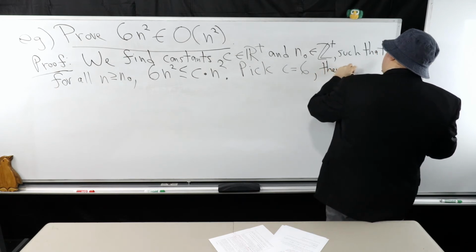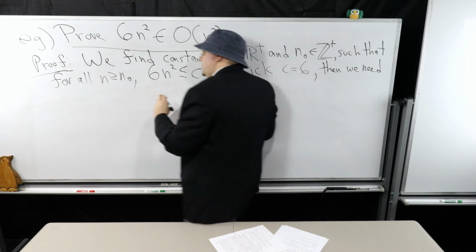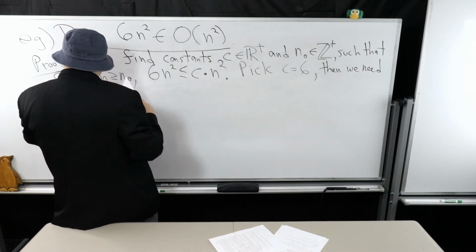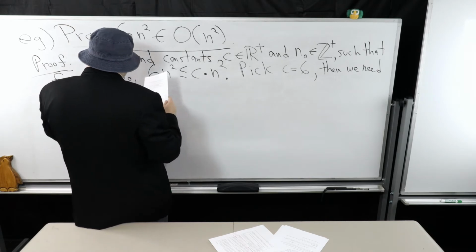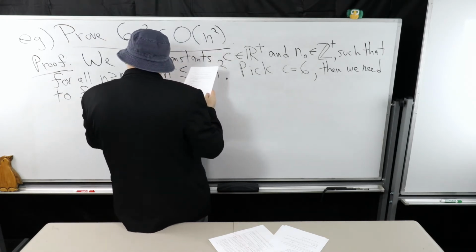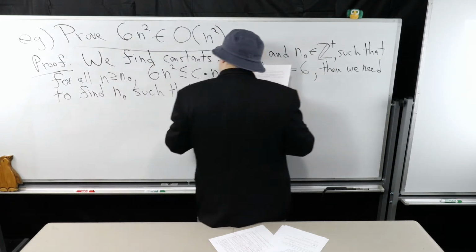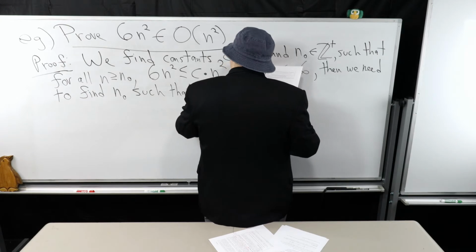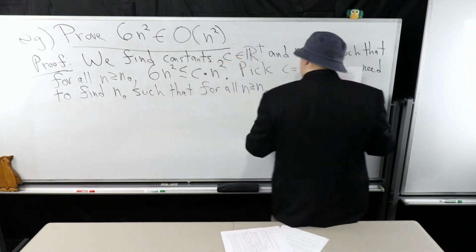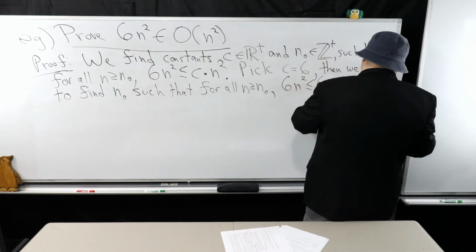Then we need to find what? We need to find n0, right? Find n0 such that for all n greater or equal to n0, 6n squared is less than or equal to 6n squared, right?